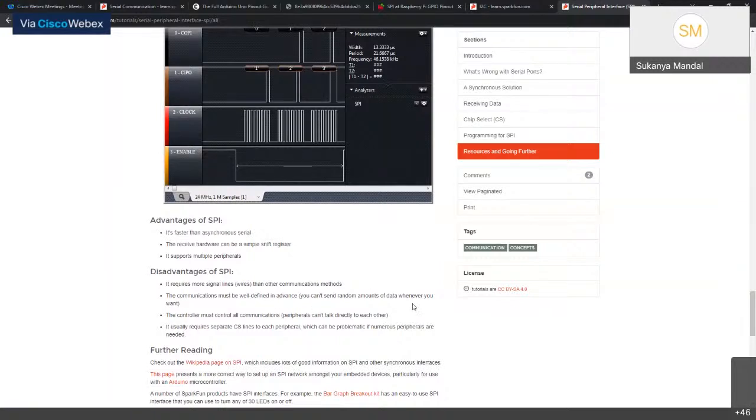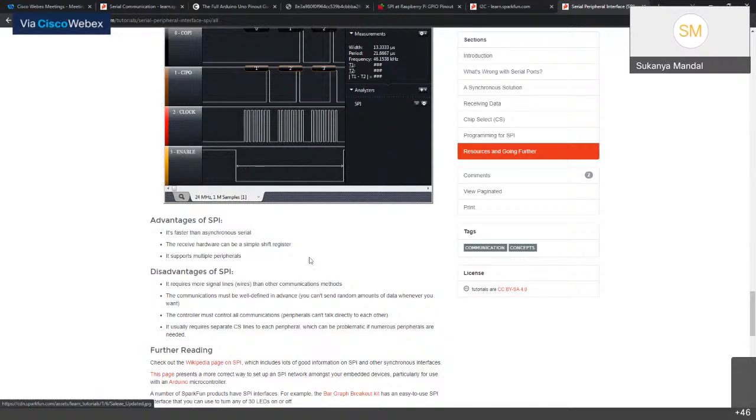You basically can't send a random amount of data whenever you want, because it's a synchronous mode of communications. And the controller must control all the communications. It usually requires a separate chip select line for each peripheral, which can be problematic. It gets a little more complex if you require a separate chip select line for every peripheral that you connect to the hardware.